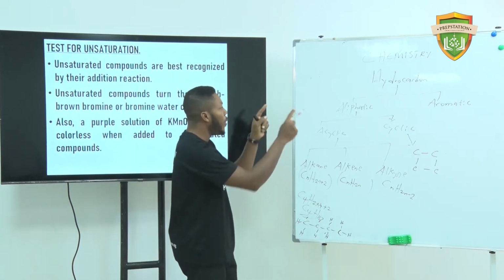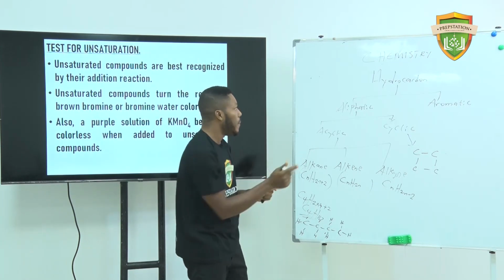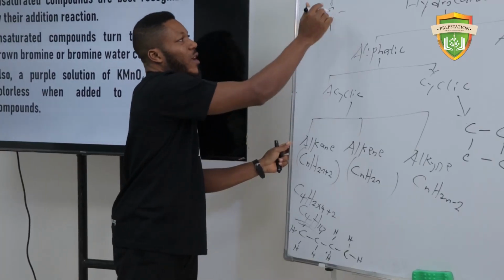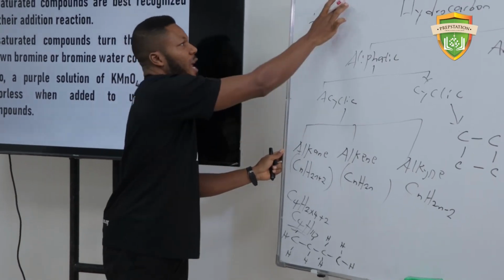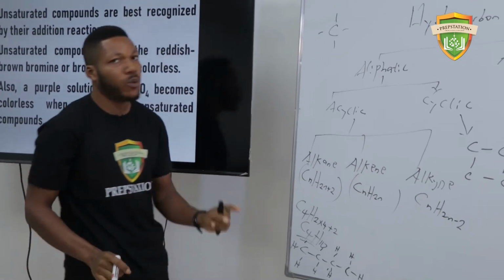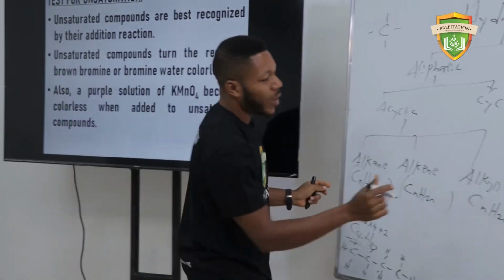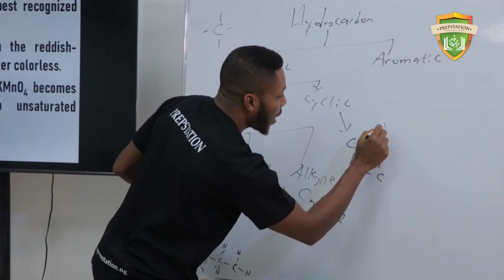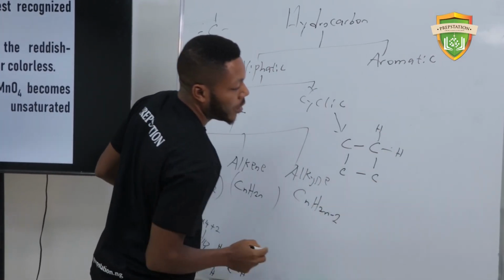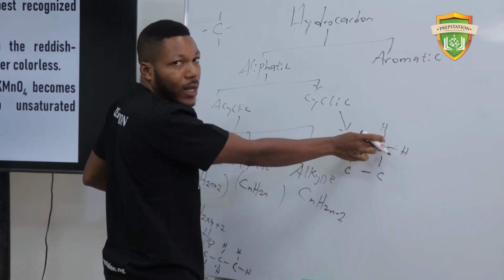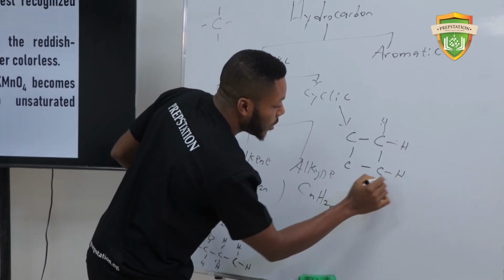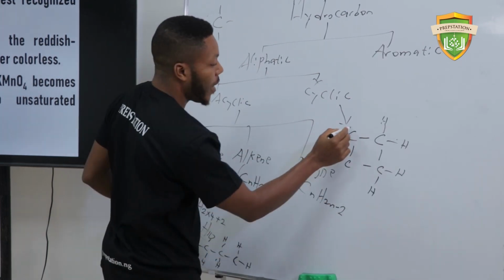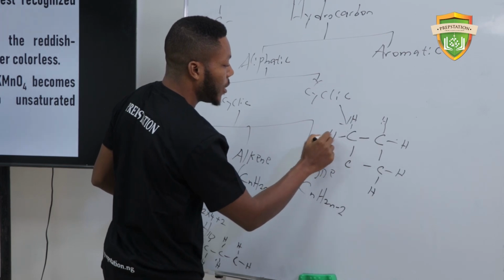So any bonds that surround carbon must be four in number, 1, 2, 3, 4. If you have something like this, it is wrong. So every carbon atom must have four bonds to align with the tetravalency of carbon. So with this we have 1 hydrogen, 1 hydrogen, so this is 1, 2, 3, 4 bonded to 1 carbon atom. We also have the same thing here, hydrogen atom, hydrogen atom.